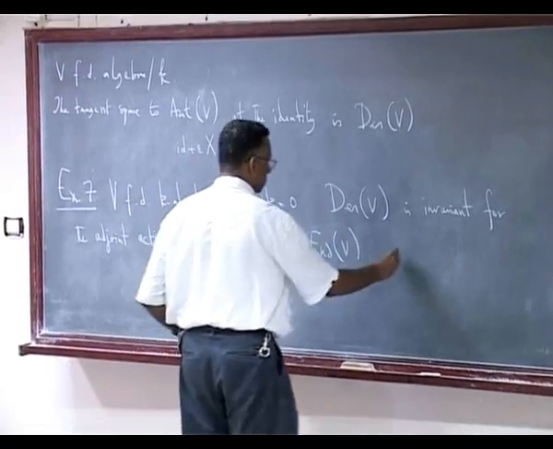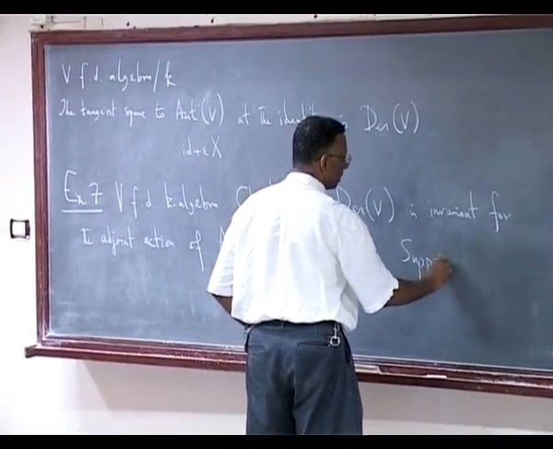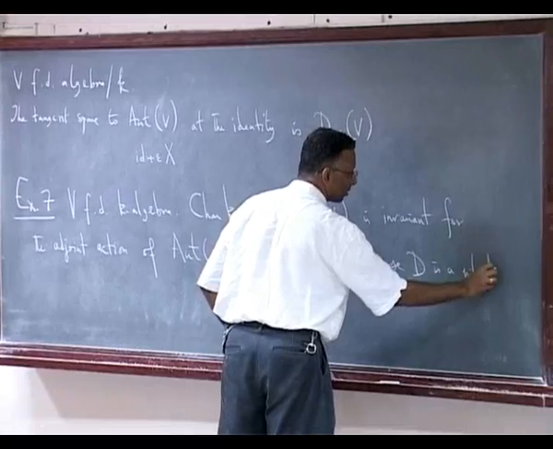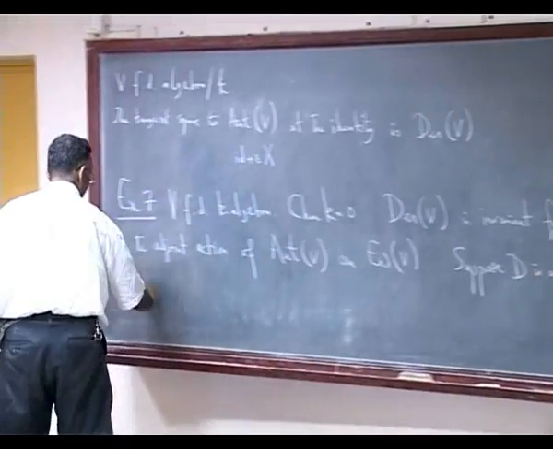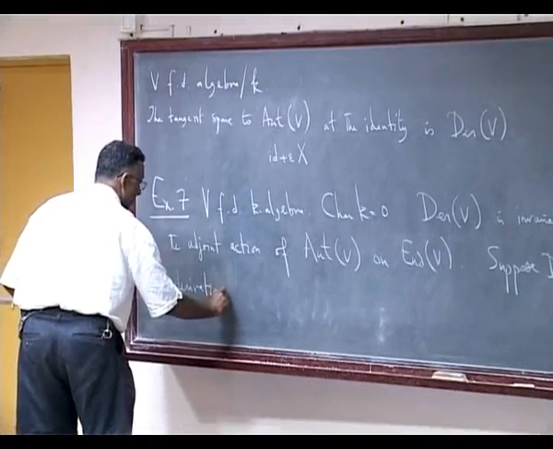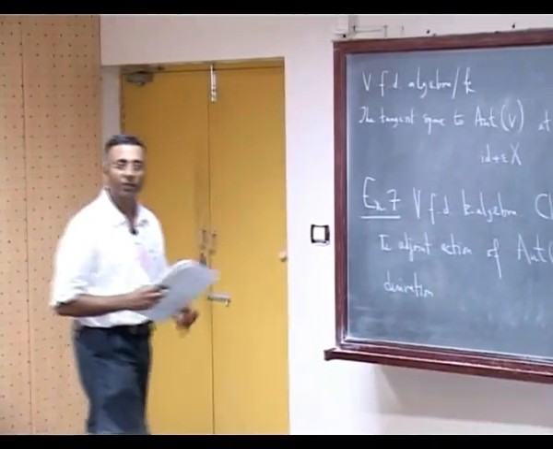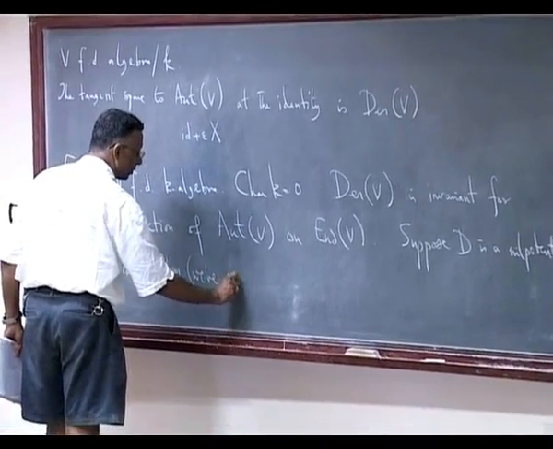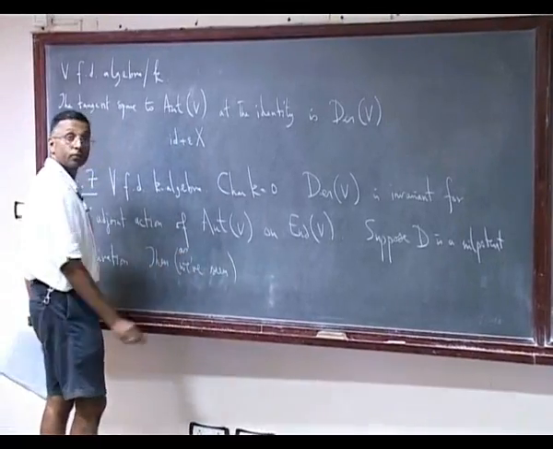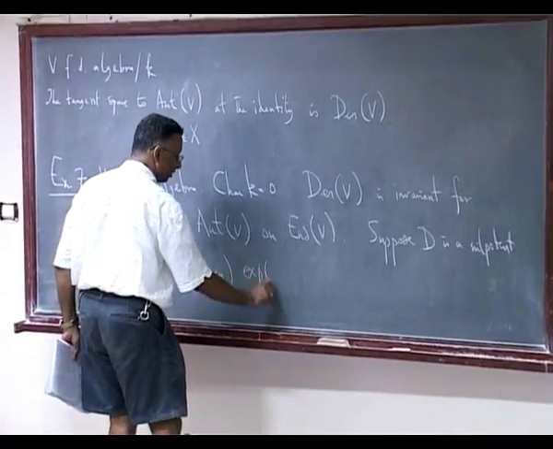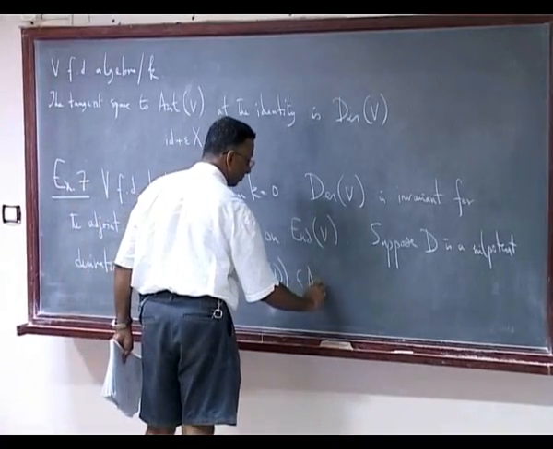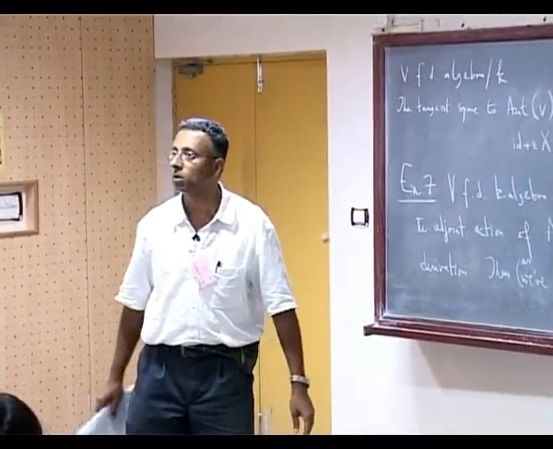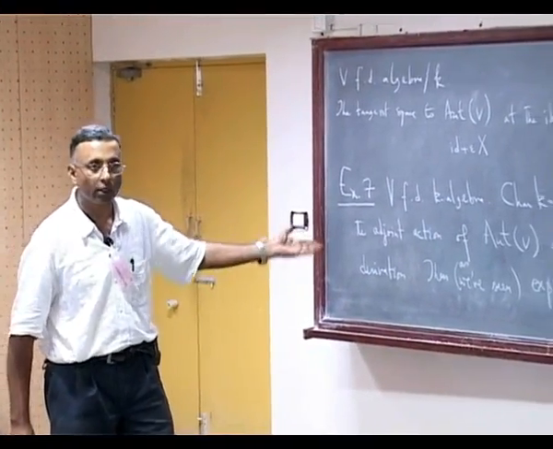Now suppose D is a nilpotent derivation. Then, as we have seen last time, exp of D makes sense and belongs to Aut V. That's one of the calculations we did last time.